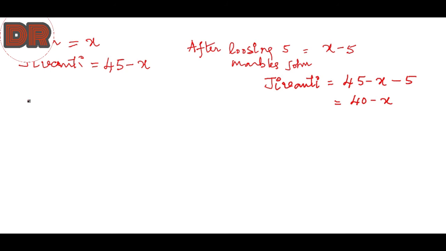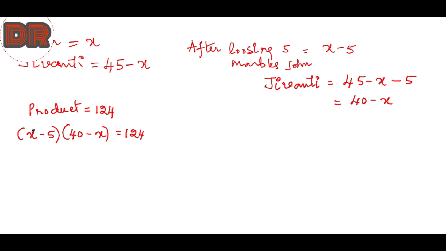Now in the statement, one more piece of information is given. The product of the number of marbles they have now is 124. So the product of the number of marbles they have right now is 124. John has x minus 5 and Jivanti has 40 minus x, so (x minus 5) times (40 minus x) is equal to 124.